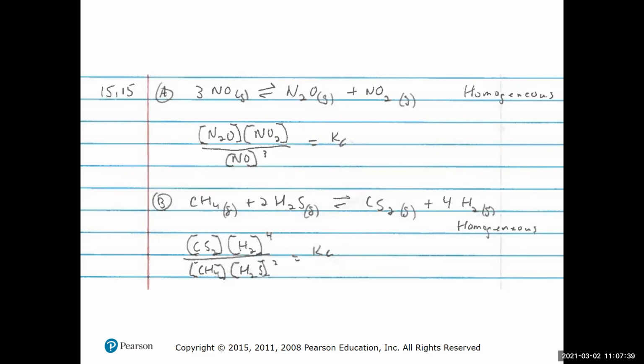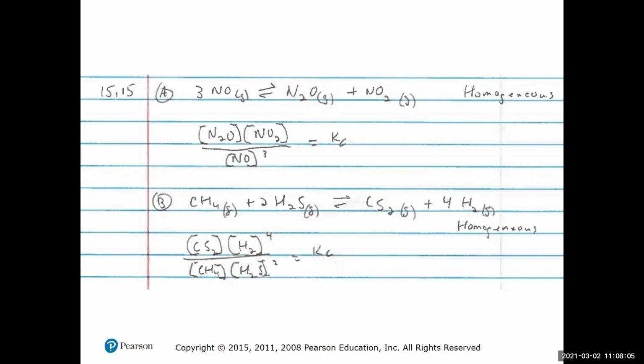So if we want to write the equilibrium expression for that, we've said we do that by expressing it as products over reactants. So we look at the products N2O and NO2. So we have N2O, that concentration, and these are all molar concentrations, times NO2, and then that's divided by the reactant concentration.